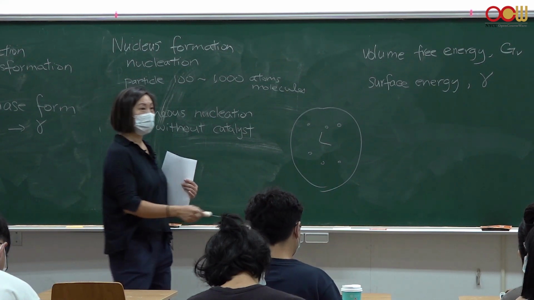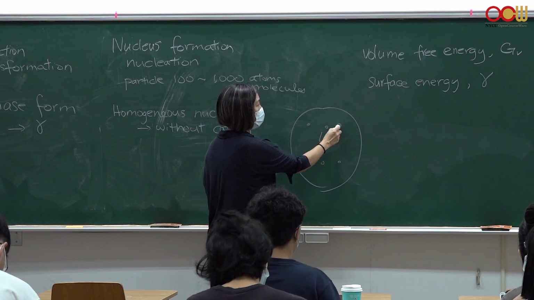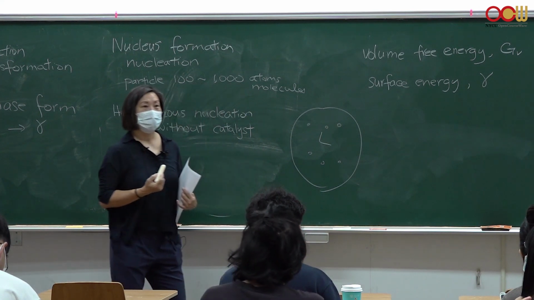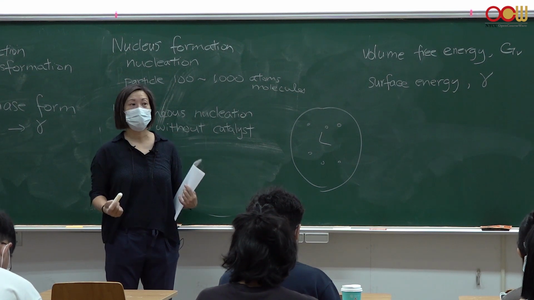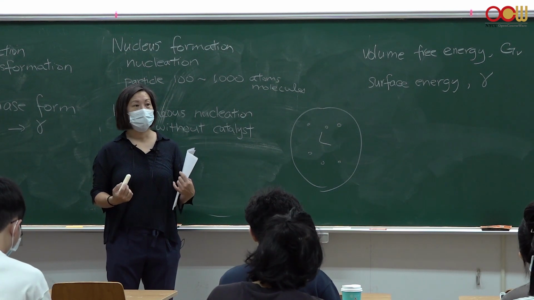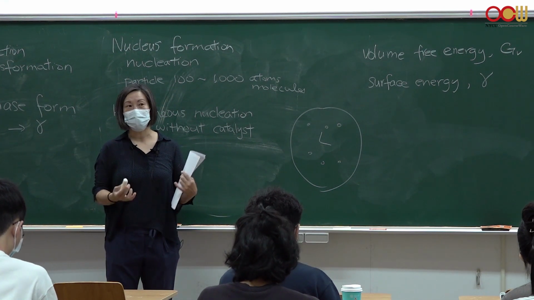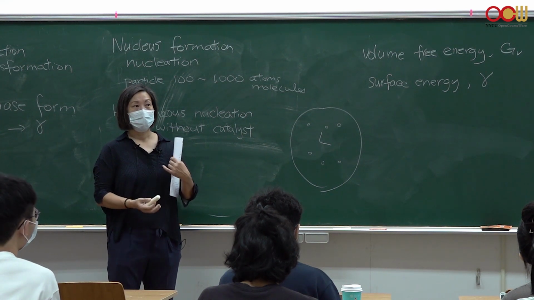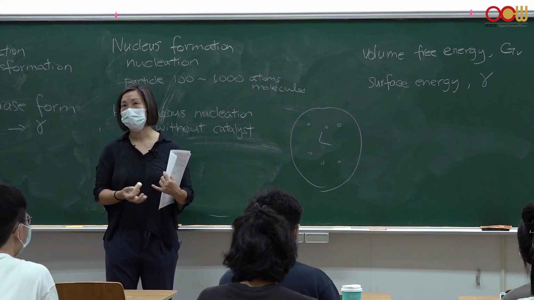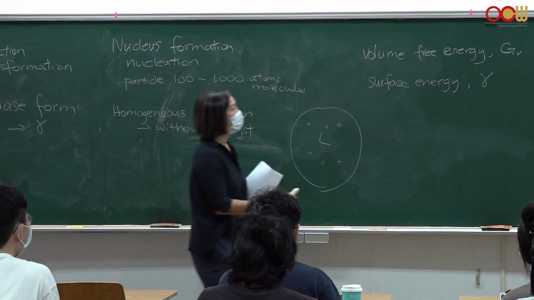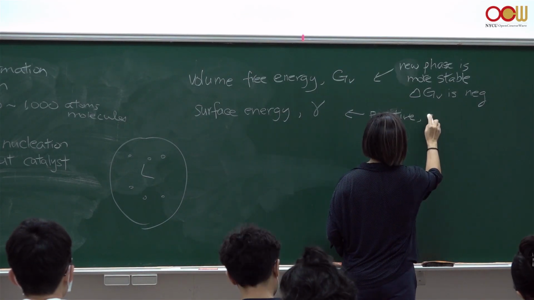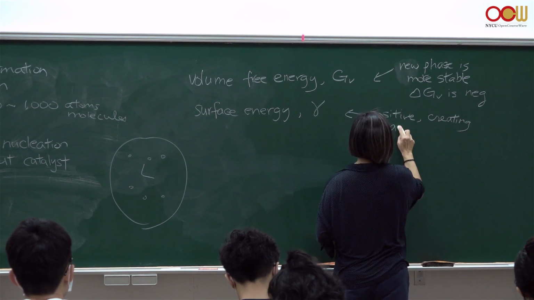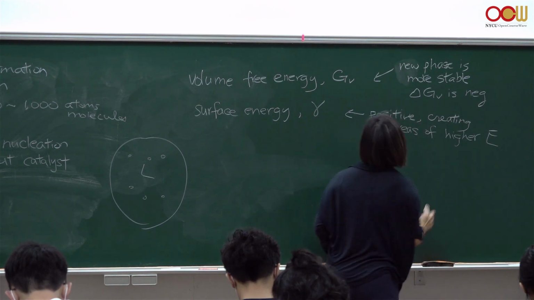Now there is a boundary. Now you have a surface around the particles that wasn't there before. So you're creating surfaces. And surface, we know, is a place where energy is higher because the crystal structure is disrupted. Okay, so this will be positive because you're creating areas of higher energy.